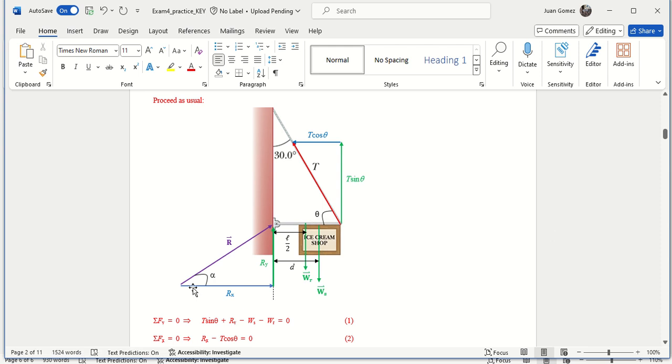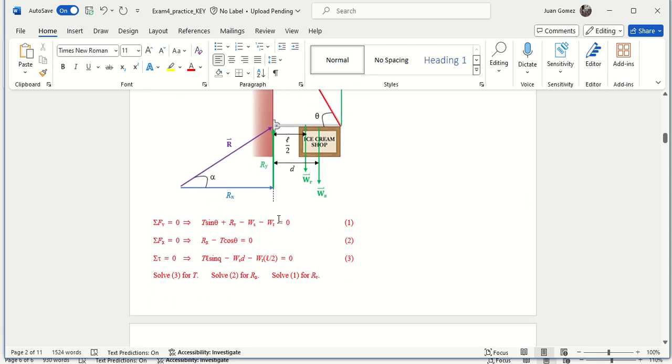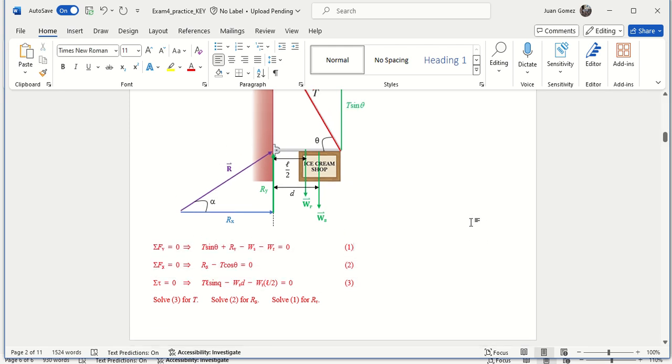And then here's our reaction force. Again, we always draw the reaction force as if it's in quadrant 1. I call the angle alpha, and we have Rx positive, Ry positive. Again, conditions for equilibrium. Always apply them in this order. Sum of the forces in the y direction equals 0.